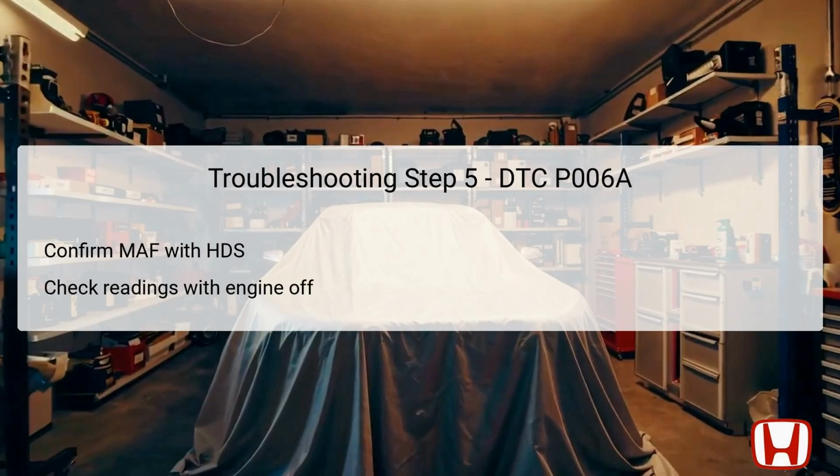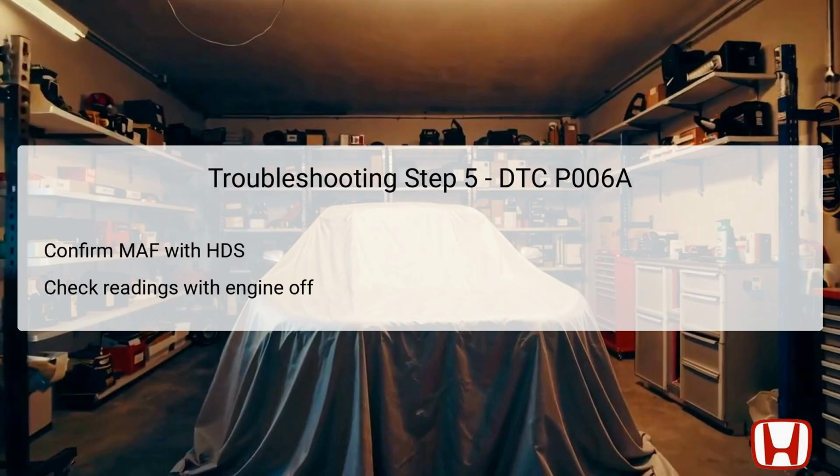If the reading deviates significantly from this baseline, it indicates a malfunction with the MAF sensor or the intake air temperature (IAT) sensor. Performing this check is crucial for determining whether the DTC is associated with sensor failure or if other issues within the air intake system exist. Assessing the MAF sensor can significantly contribute to diagnosing the root cause of the DTC P006A error.